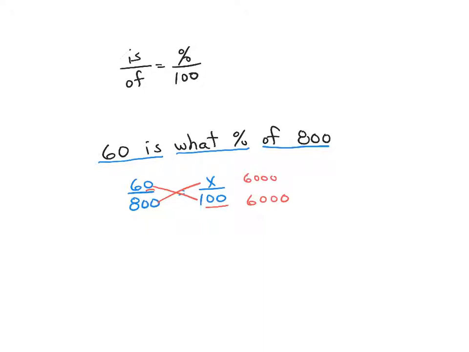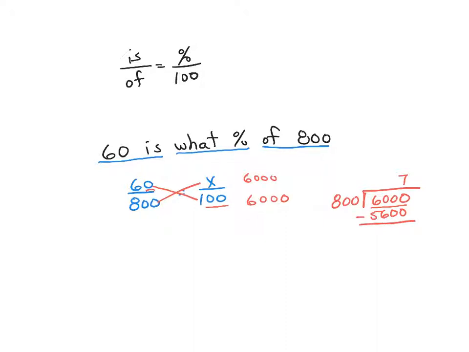So in order to figure out what that x is, I need to divide 6,000 by 800. Now, when I do that, I'm going to have to multiply 800 times something to get me 6,000, because 800 can't go into 600. Well, I know that 800 times 7 is 56. And I'm going to add my 2 zeros, so I get 5,600.